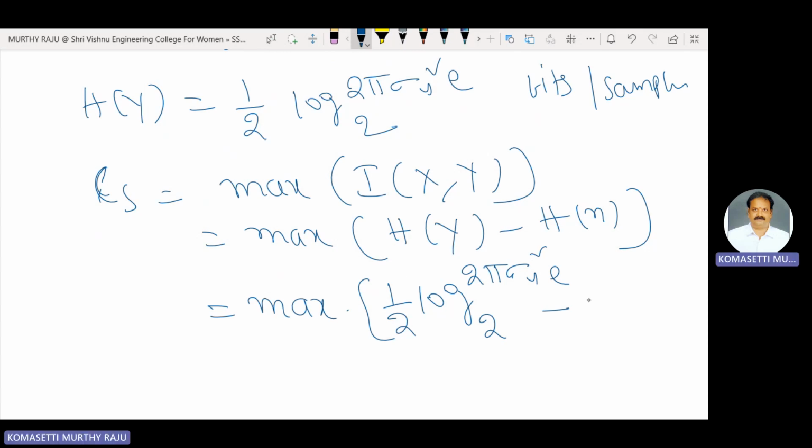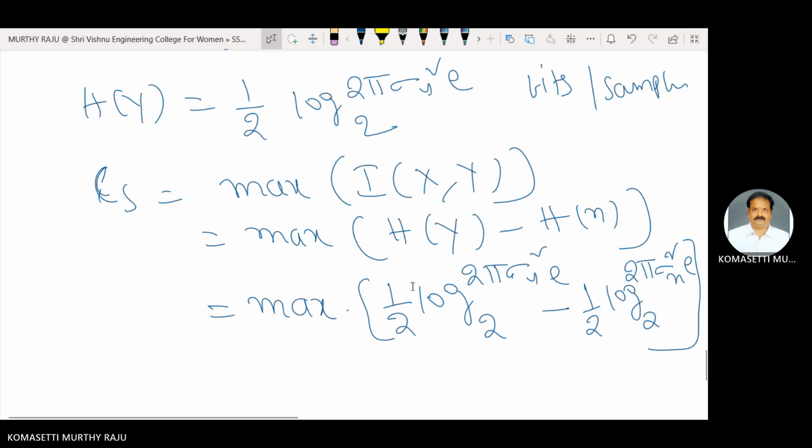Similarly, for noise signals, it can be represented as 1 by 2 log 2 pi sigma n square e to the base 2, where for noise the variance is sigma n square. For noise signals, the mean value is 0.